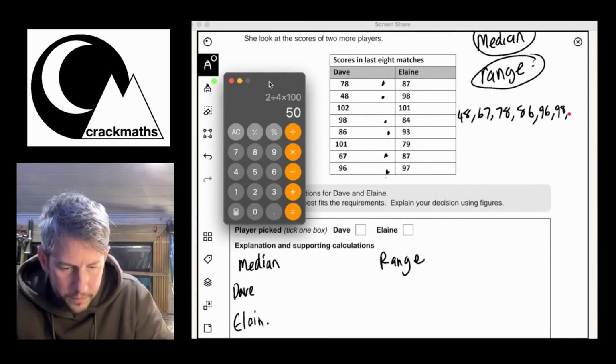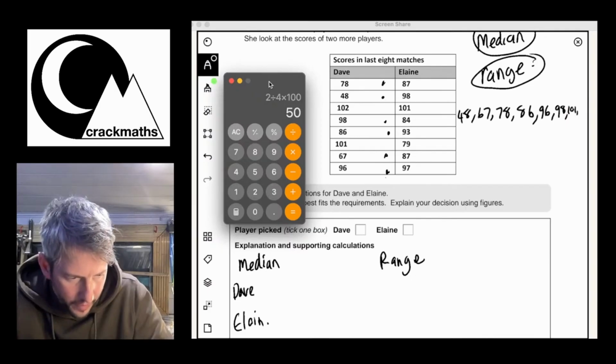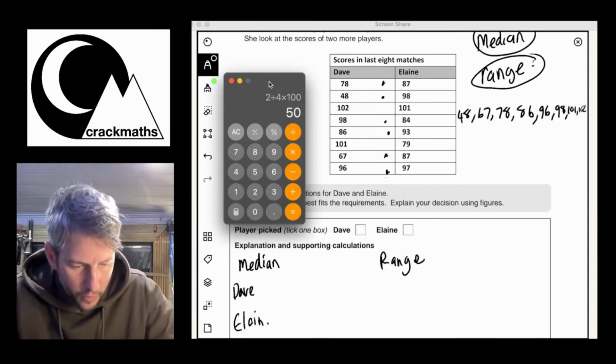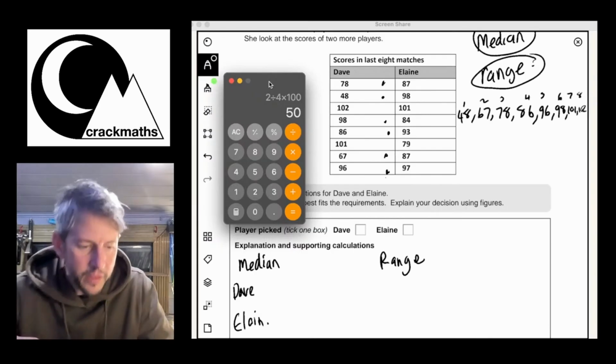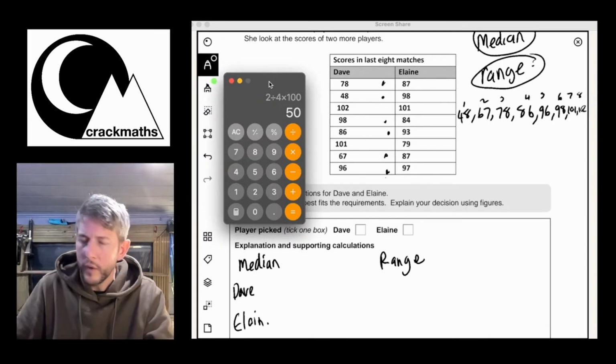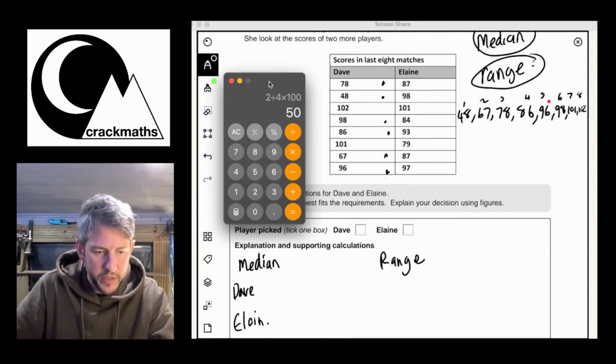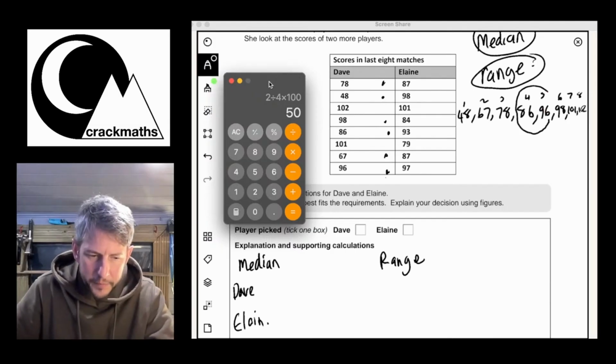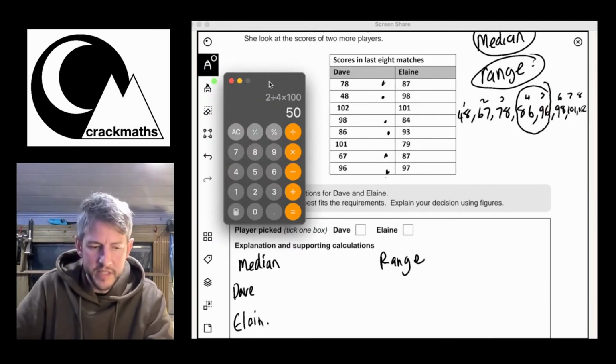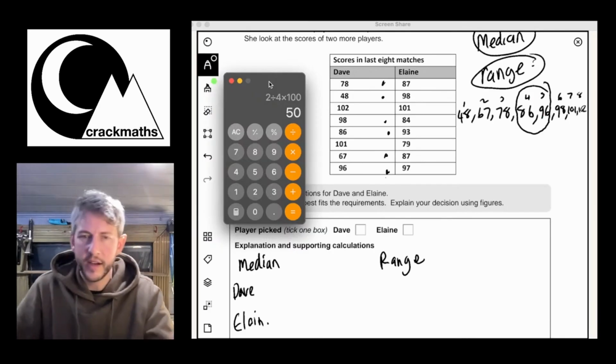Then 101 and 102. Okay, 1, 2, 3, 4, 5, 6, 7, 8. There are 8 scores, which means there are 2 numbers in the middle. We can see they've both got 3 either side. So Dave's median is between 86 and 96.